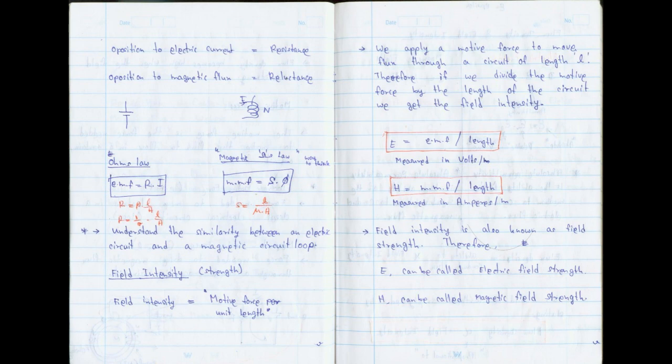The motive force is to move flux over a length L. But if you divide the motive force by the length, you will get the motive force available per unit length. That is called field intensity.